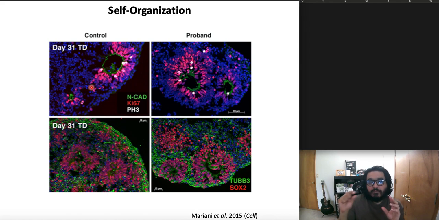If you're using more lineage-defined cell types, such as progenitor cells, like neural stem cells versus kidney stem cells, then you're going to get more brain-based organoids if you use a neural stem cell, and if you use a kidney stem cell or a kidney progenitor cell, you'll get more kidney-based organoids. So it really depends on what kind of stem cell or progenitor cell you put into the dish, and it will determine what kind of organoids you get.